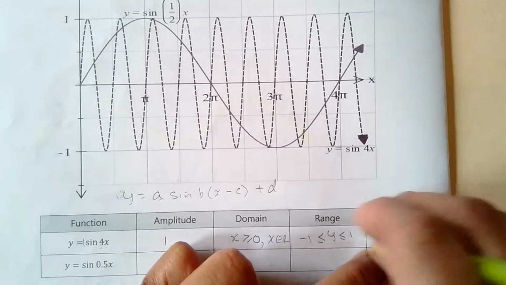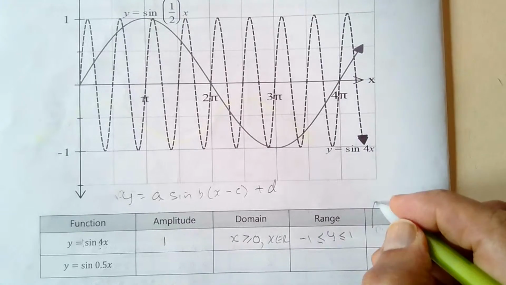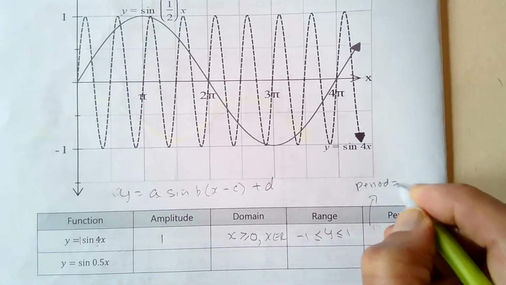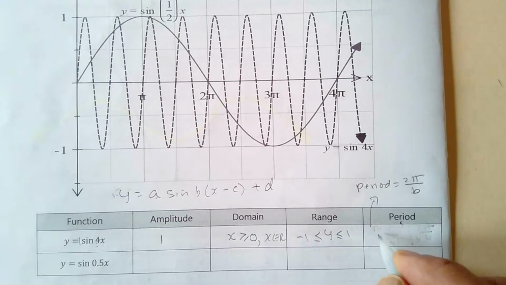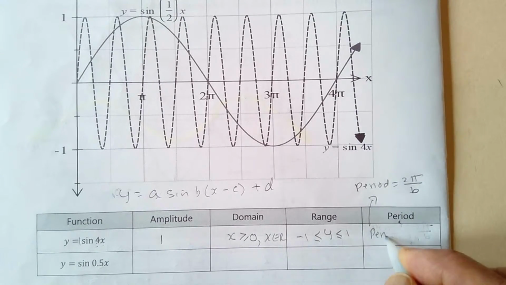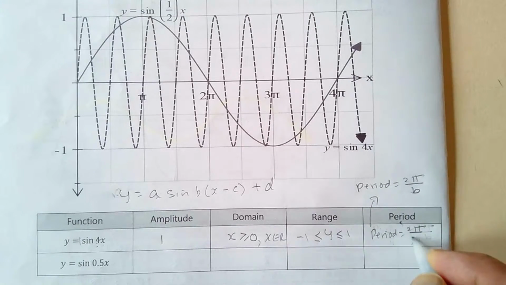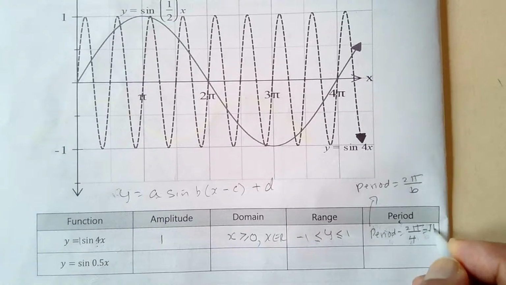Okay, let's get rid of this mess here. So period is equal to 2 pi over b, so period is equal to 2 pi over 4, which is pi over 2.